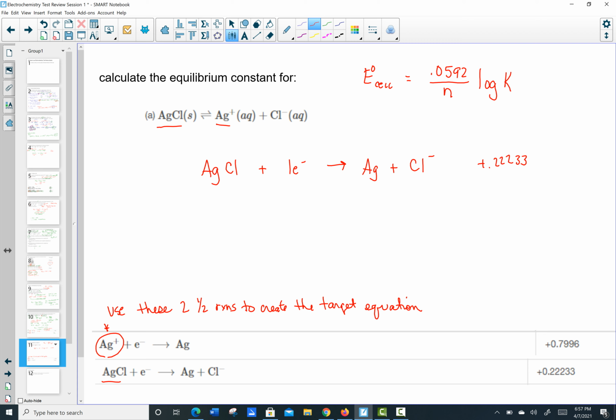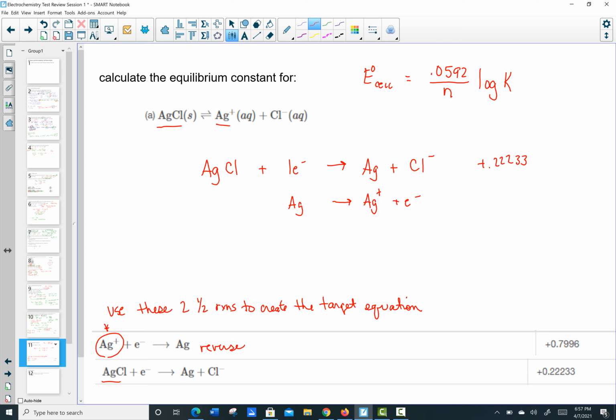Now remember, we're going to need Ag+ on the product side, so I'm going to need to reverse this equation. It's written with it on the left side, but the target equation has it on the right side. So let's reverse the equation, writing Ag+ with an electron on the right, and elemental Ag on the right. And when you reverse the equation, you know that the voltage would become negative.